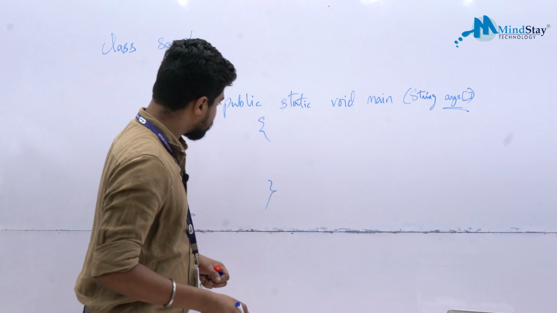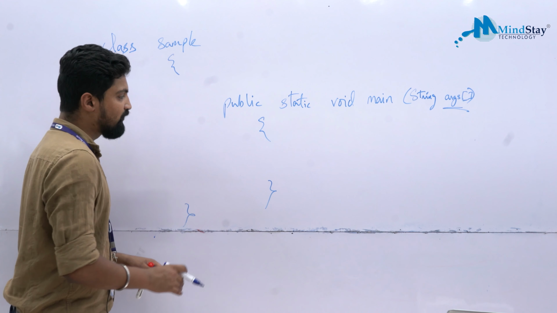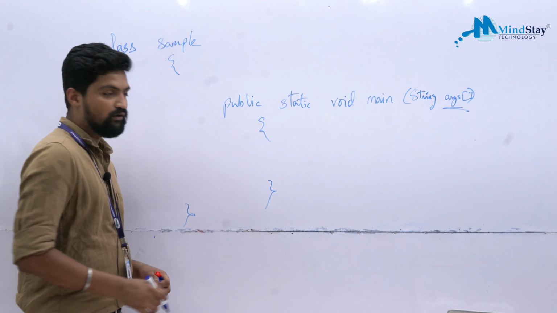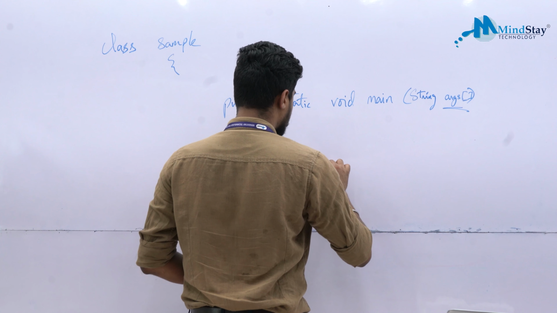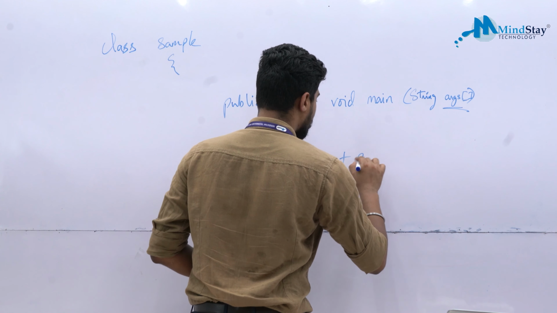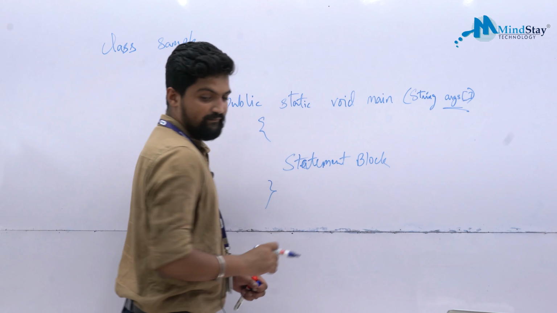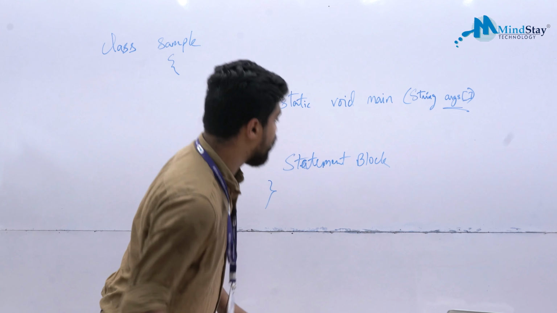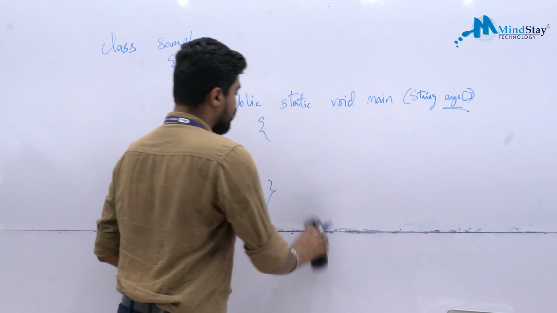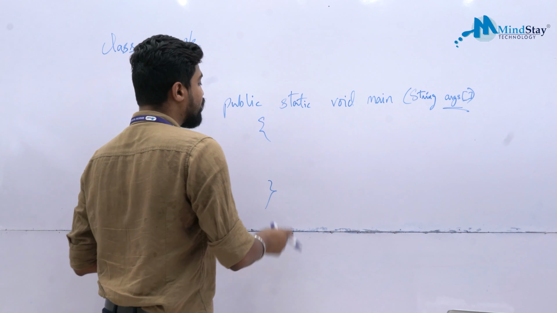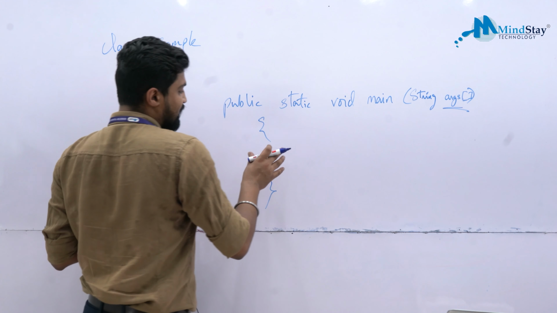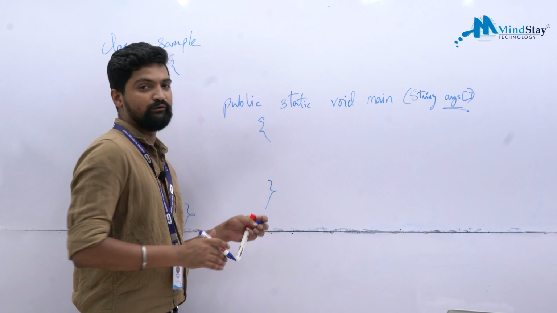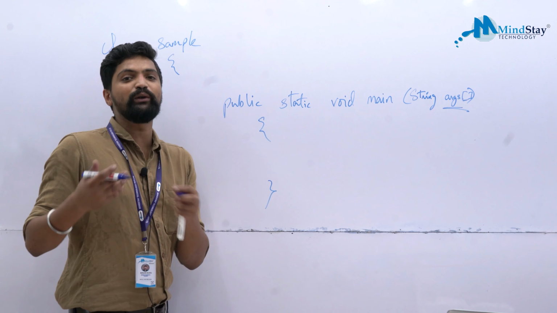Now since our main function block is done, we get inside to the statement block. So this section is nothing but the statement block. Whenever we call it a statement block, we are just providing a few statements here which we want to execute.